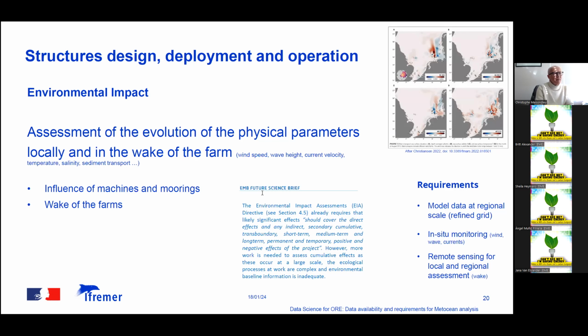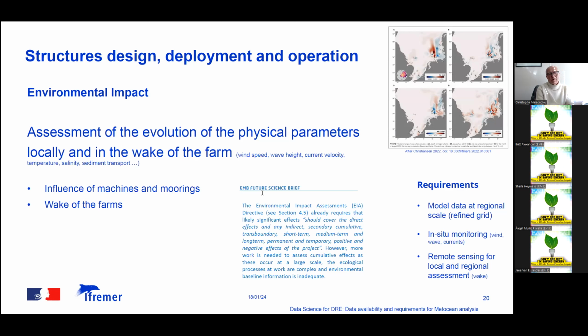So the main element we have to address here is the characterization of the influence of the machines and moorings on the flows, on the currents, and also on the water elevation in the area of the site production, but also in the wake downstream. So that is really important because the farms will be of large dimensions, and so the wake will be really large as well.